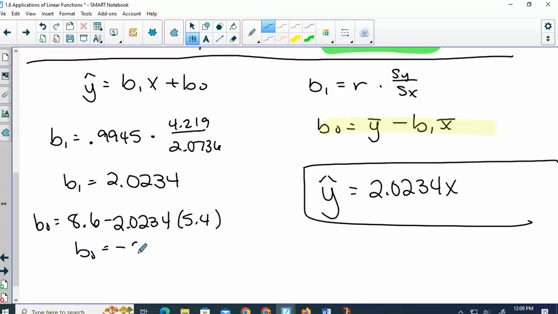We get negative 2.3264. If you had kept that original r value, if you hadn't rounded it, then your slope would have been different by just a bit. This y-intercept would have come out to be 2.3258. So it's kind of a spiraling.